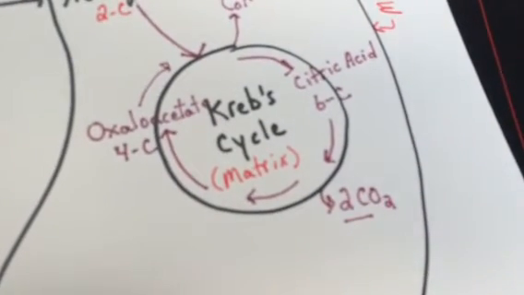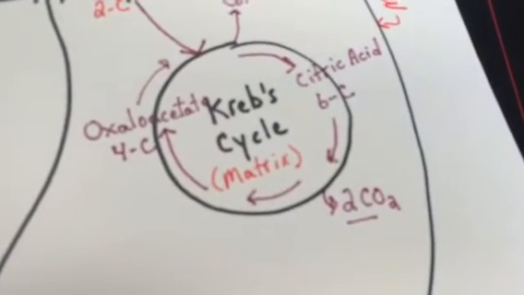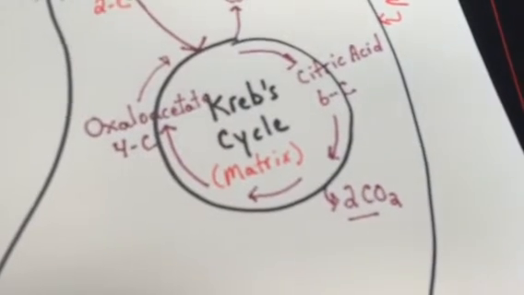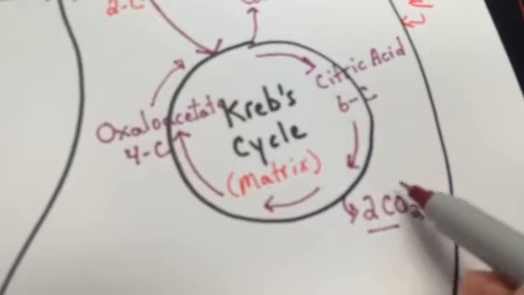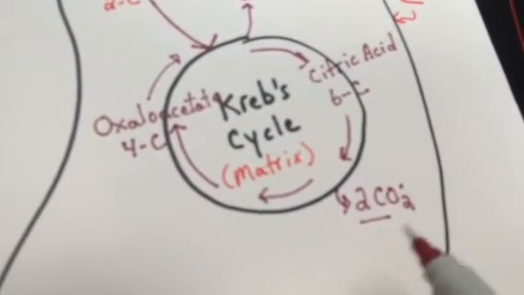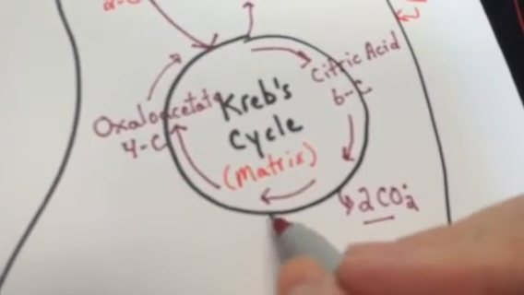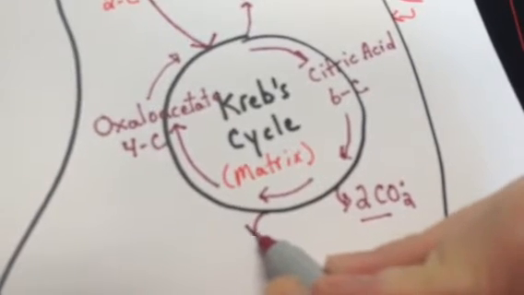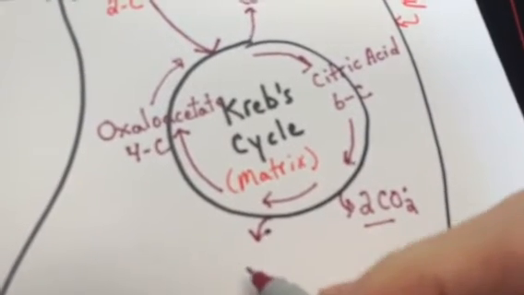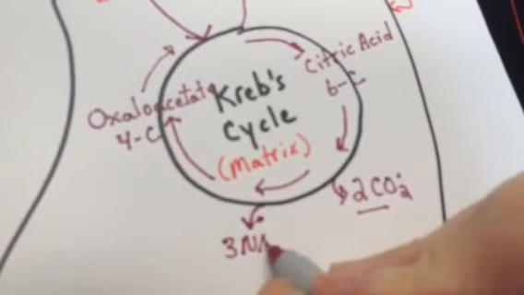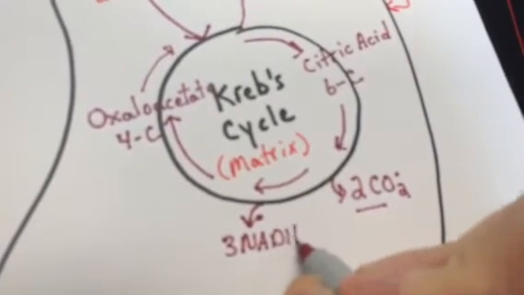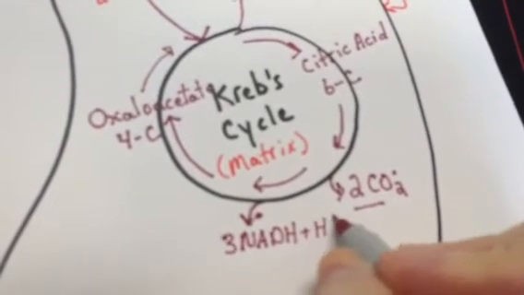And that's probably the most important activity that's occurring here at the Krebs cycle. We're getting rid of all of the original carbon atoms that had been associated with glucose, but we're also going to harvest an enormous amount of hydrogen. So we're going to pull out some hydrogen and we're going to reduce 3 molecules of NAD to produce 3 molecules of NADH plus H plus.